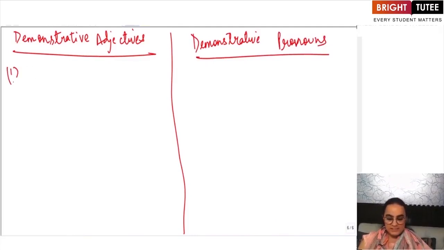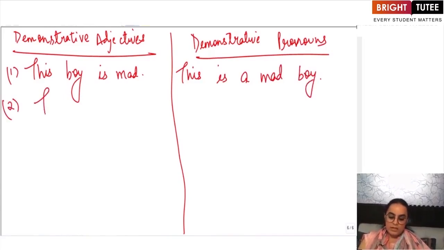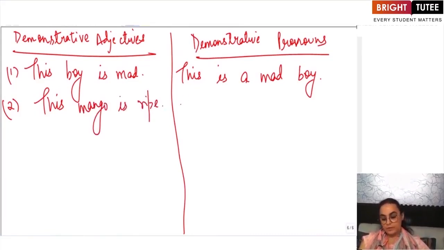Look at the sentences, okay? This boy is mad. This is a mad boy. This mango is ripe.